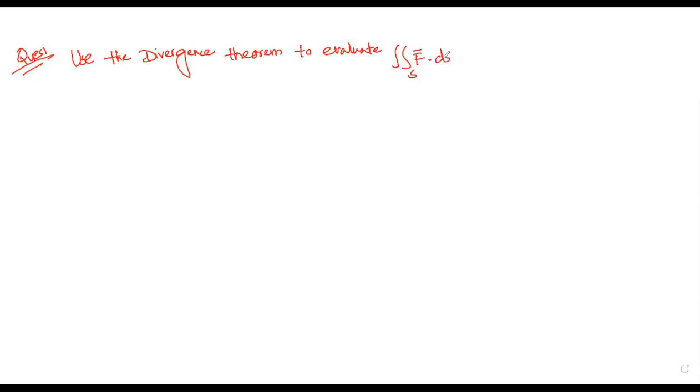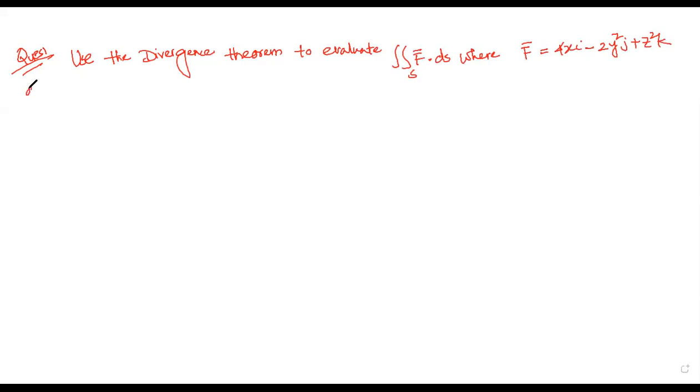Here ds is of course a vector, since there is a dot product, where f is the vector function 4x i minus 2y squared j plus z squared k. This is the vector function.